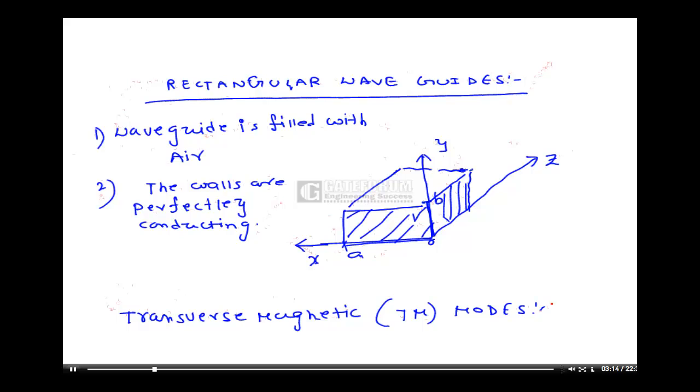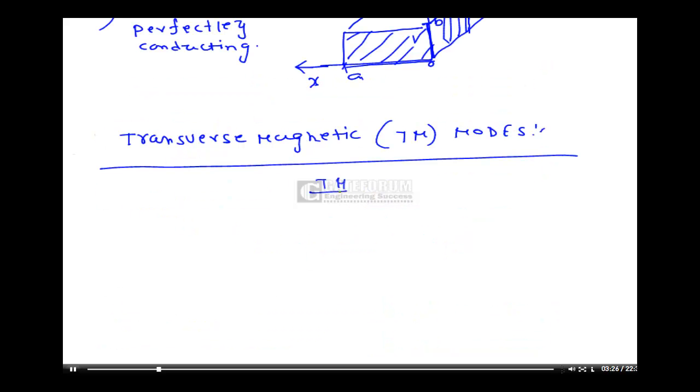Directly I am mentioning here the equations of transverse magnetic modes of a rectangular waveguide. So TM mode means Ez is not equal to 0 and Hz is equal to 0.